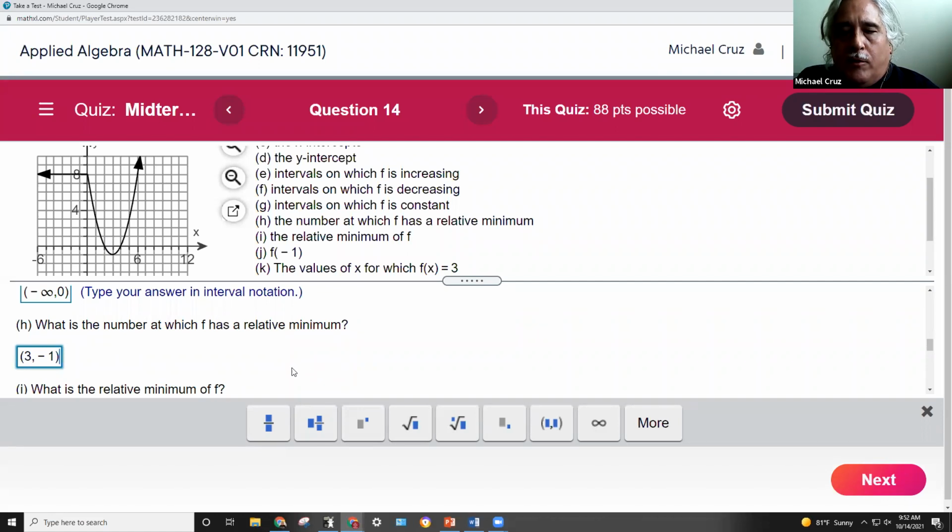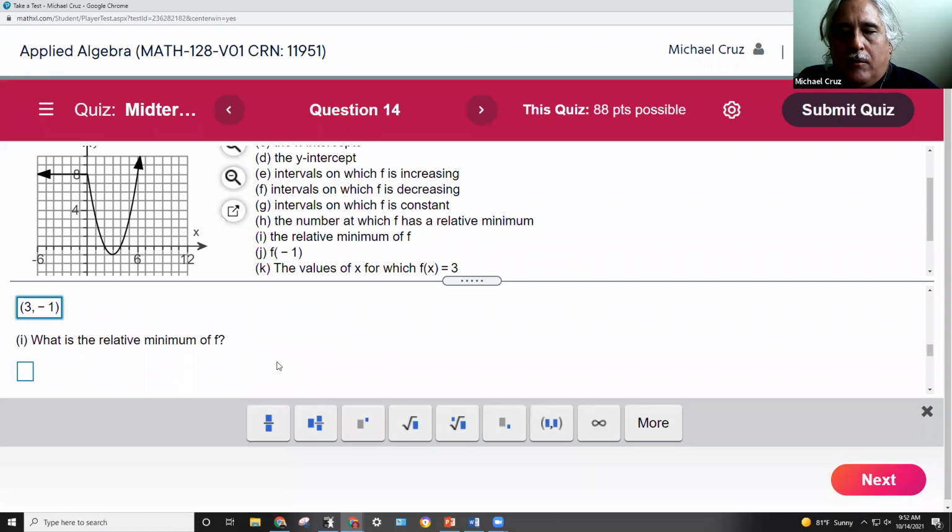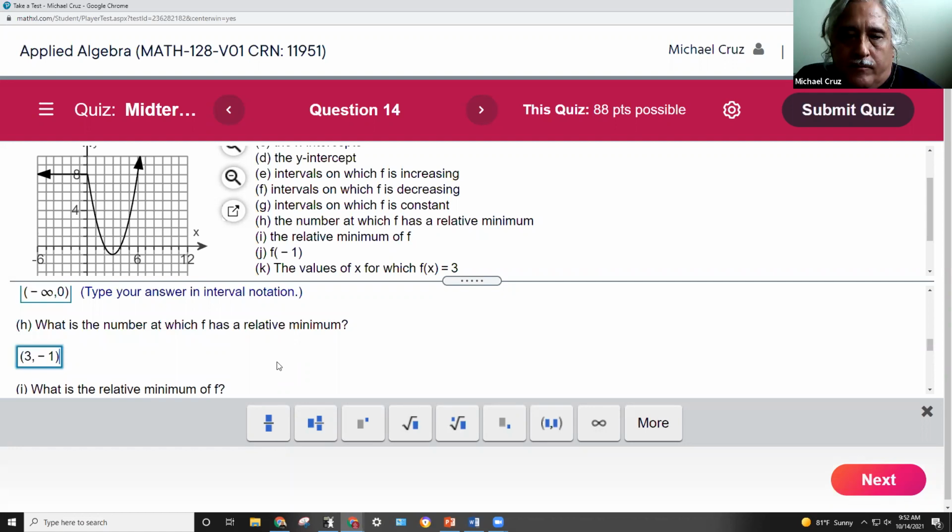What is the number at which f? Oh, okay. So they're not asking for the ordered pair. They just want to know at what point does f have that. So it's right there. That's the 3.